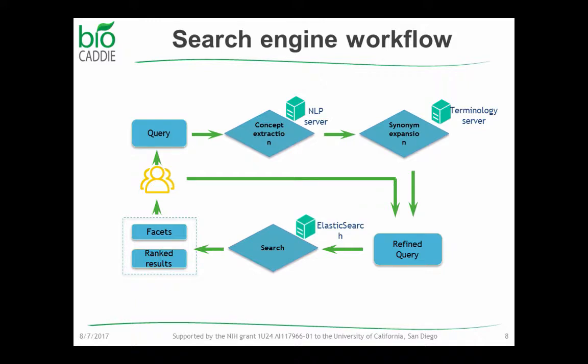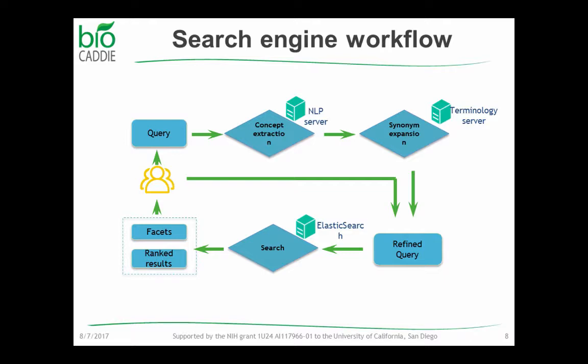This is the workflow for the search engine. We start with the user query. We do NLP, actually recognize concepts in those queries, and we look into the terminology server, find the synonyms of those concepts, trying to expand the query.